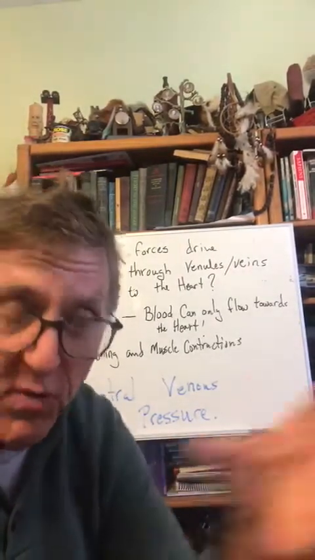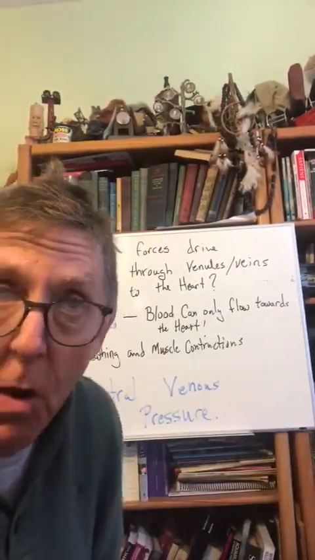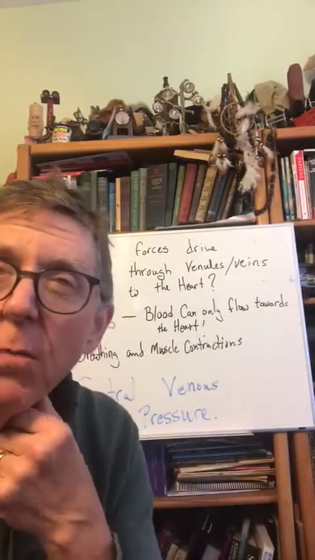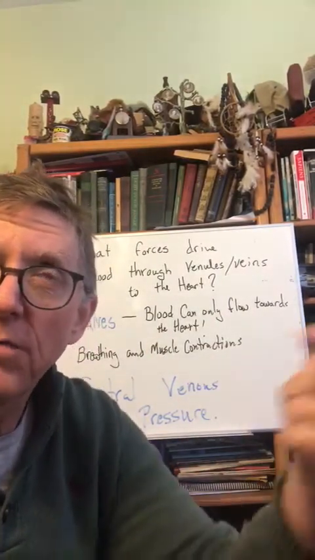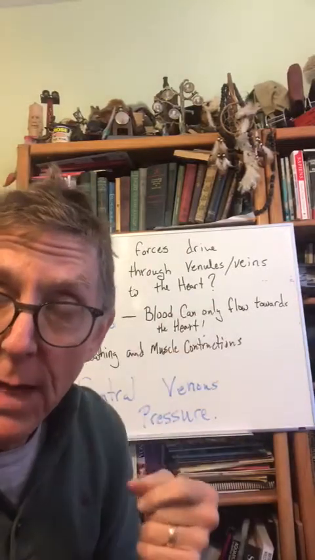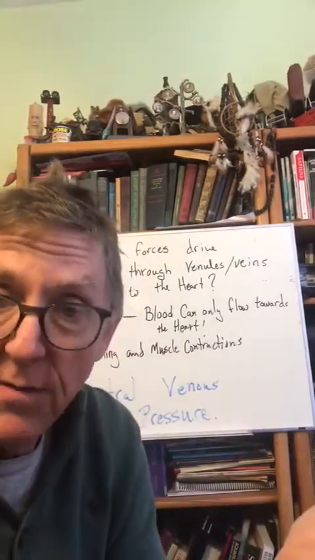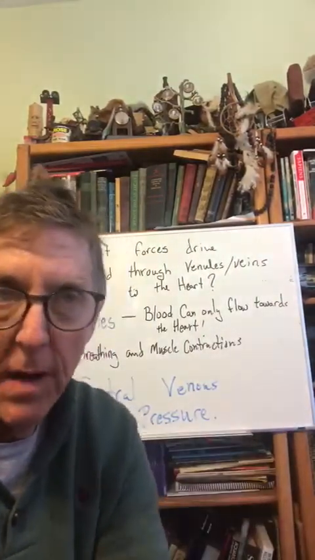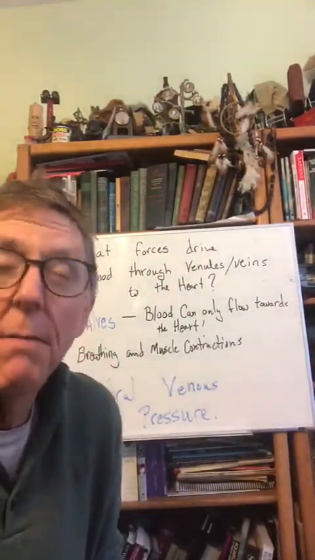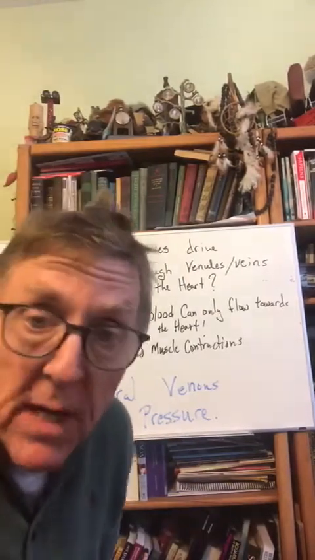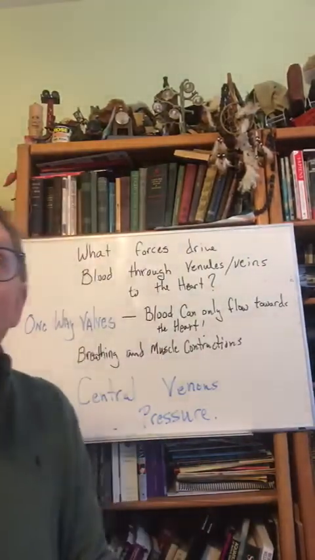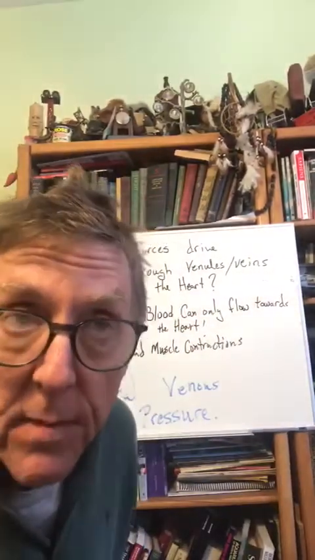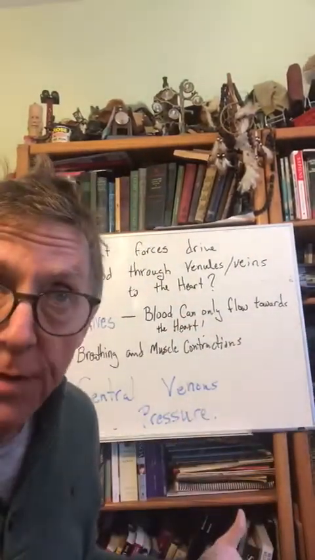Okay, so if we have this situation where the return flow is completely independent from the pressure produced by the contracting of your heart, you can have a situation where the return flow is greater than the pumping. That happens after a heart attack sometimes. If a person has a heart attack and they have damage to their heart, so it's not pumping properly because of scar tissue, the return flow is just like always. There's no change to return flow.